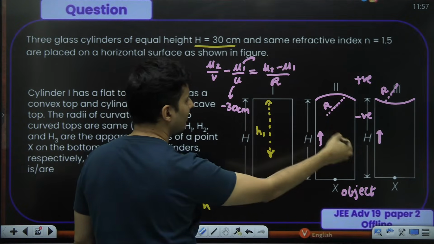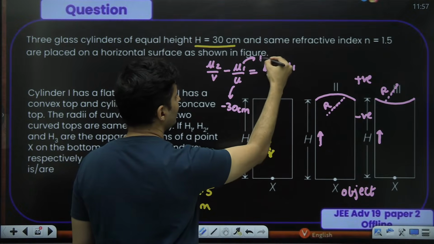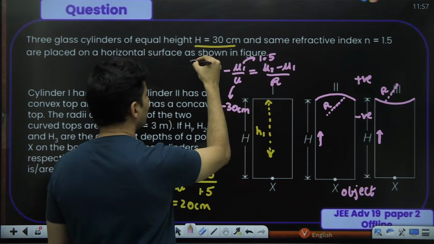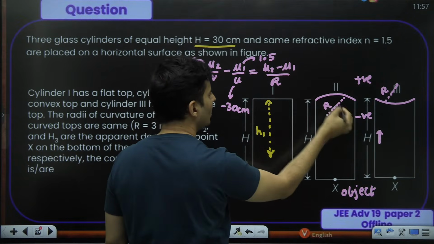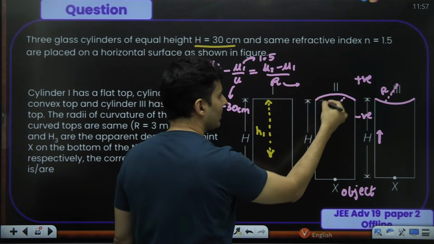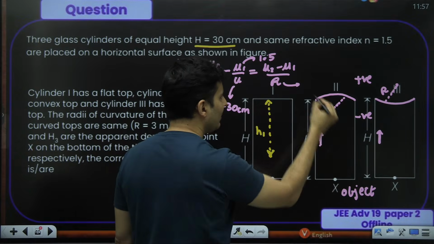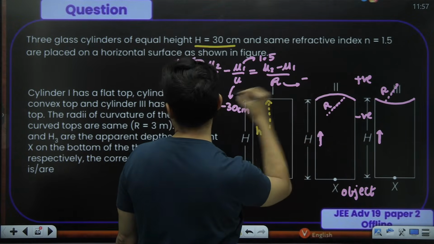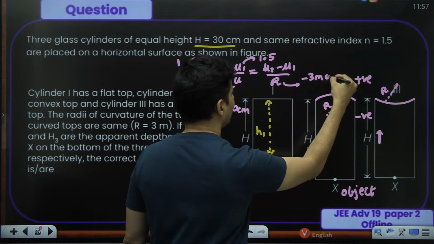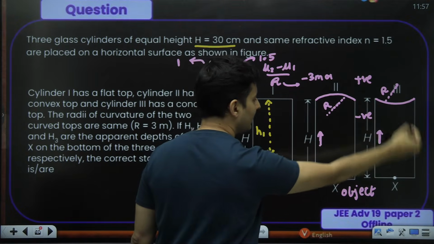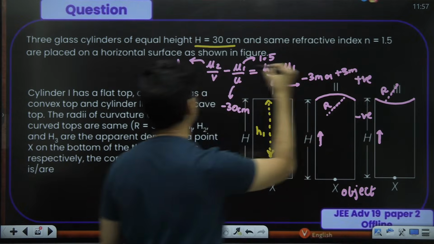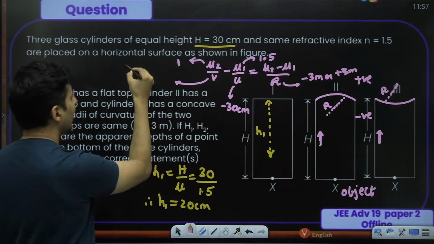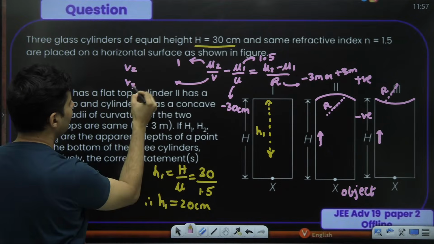The refractive index will be of the glass, which is 1.5, and this will be 1. And R will depend. For the second scenario, it will be negative 3 meters, and for the third diagram, it will be on the positive side, so it will be plus 3 meters. So accordingly, you will get two values, V2 and V3.